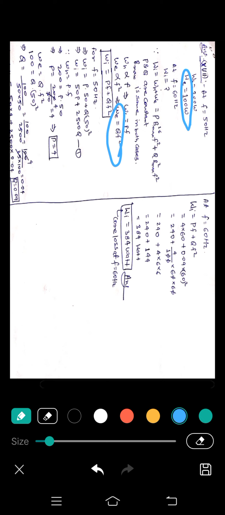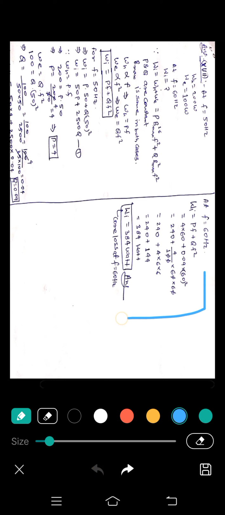That means Q is equal to 100 divided by 50 into 50. If you calculate this, you find 0.04. So the constant values are found: P is equal to 4 and Q is equal to 0.04.